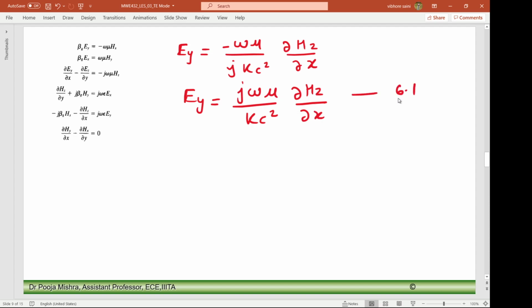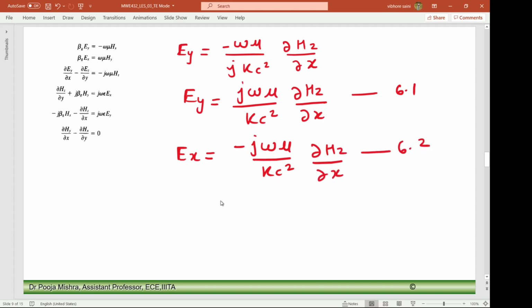Similarly, we can obtain other solutions like this. So the solution will be, I am writing it directly because this is not pen and paper, I have to go back and again. So this Ex may be obtained as minus j omega mu by kc square del Hz by del x, 6.2. Ez is 0.